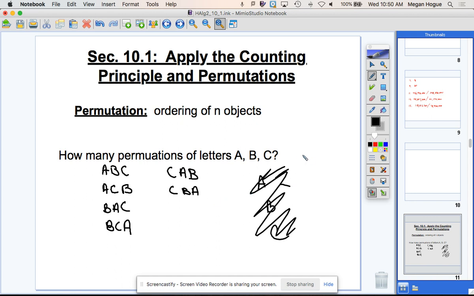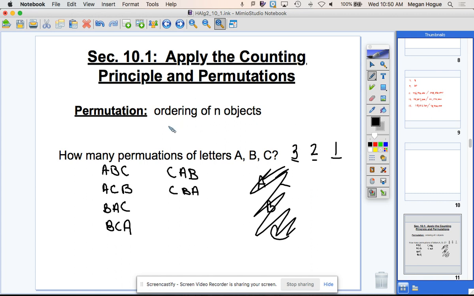So when I think about that, if I'm using the blanks, it's 3, then I have 2, and then I have 1. Right? If I go back to that fundamental counting principle, am I losing people? It's hard to read you guys today.